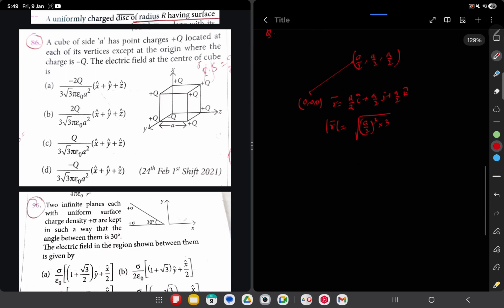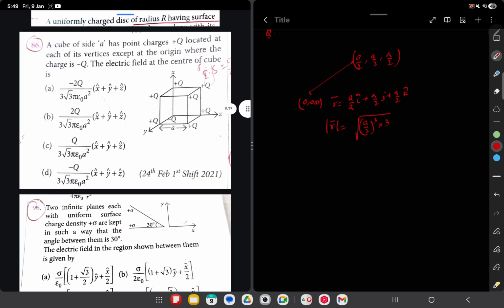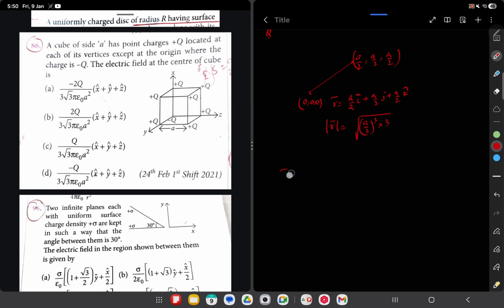Now you need to find the electric field. As this is minus q, it will attract, so the electric field will be in this direction, so you have to put a minus over here. This plus q also repels, so its electric field will also be in this direction, so whatever the value for minus q, you just multiply by 2 for the other plus q.